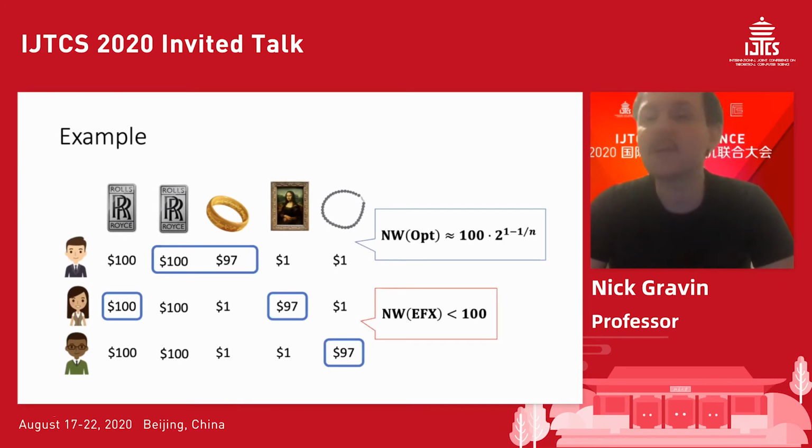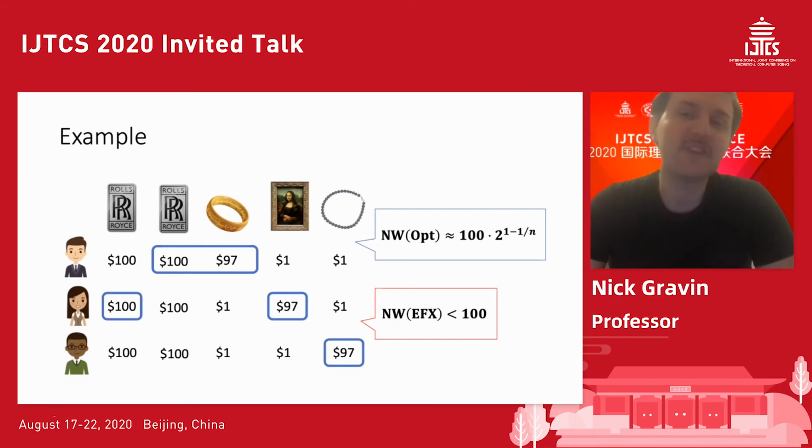In this way, we get roughly 100 times 2 to the power 1 minus 1 over n as a Nash welfare. However, for any partial EFX allocation, we actually cannot do better than 100. Because there will be an agent who doesn't get a Rolls-Royce, then their value will be strictly less than 100.